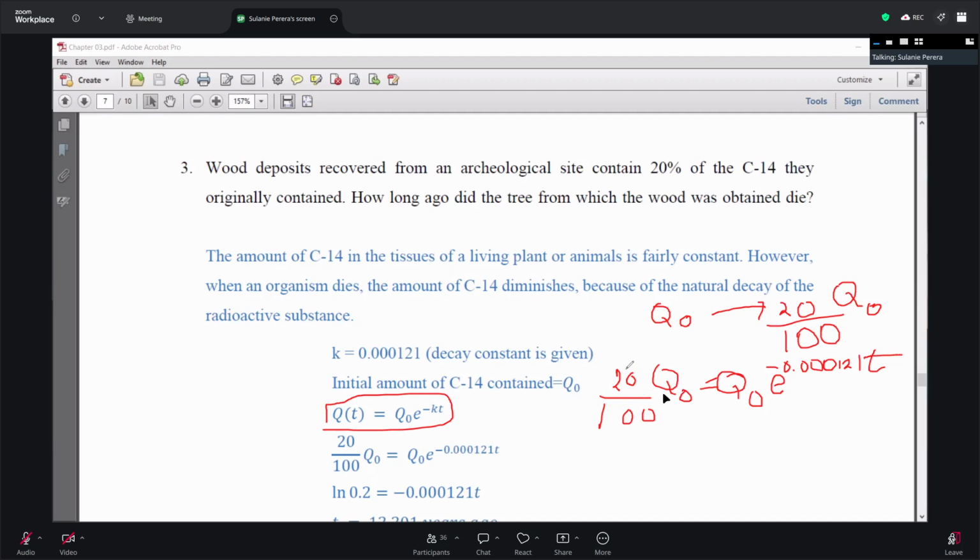So we can cancel these zeros. Also we can cancel Q naught. So we have 0.2 equals e to the minus 0.000121t.